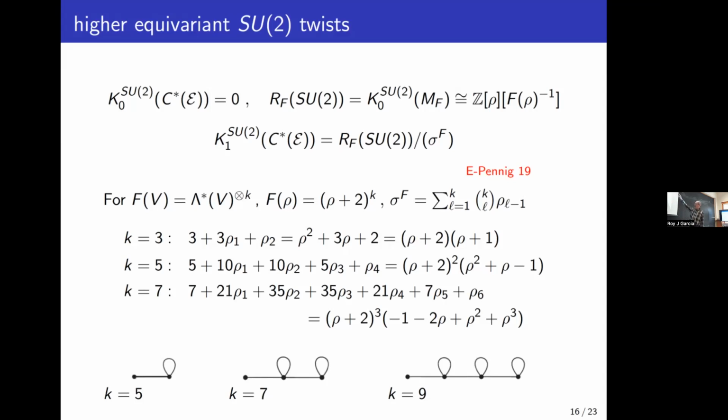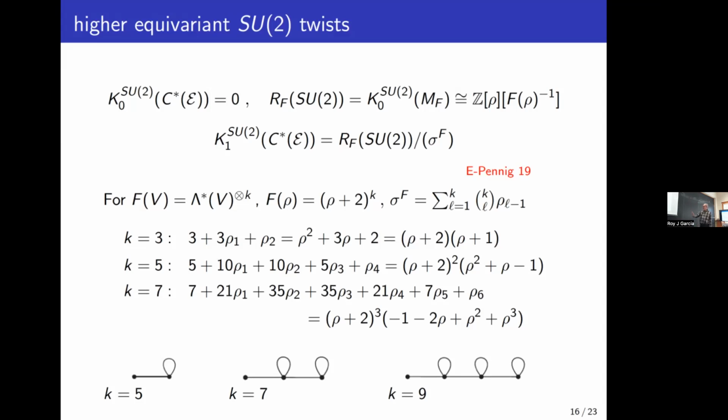So in these odd cases, it's the representation ring of SU2 divided out by basically these things here. And then you do get fusion rings, which I've described like this. This is basically SU2 at levels, even levels.